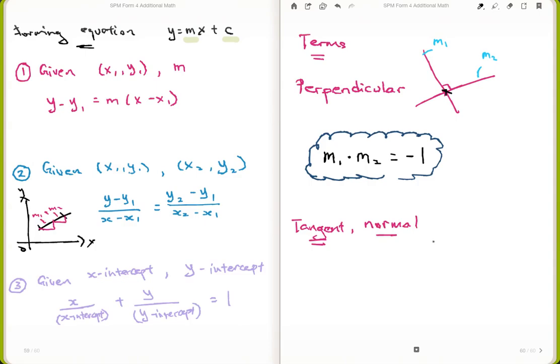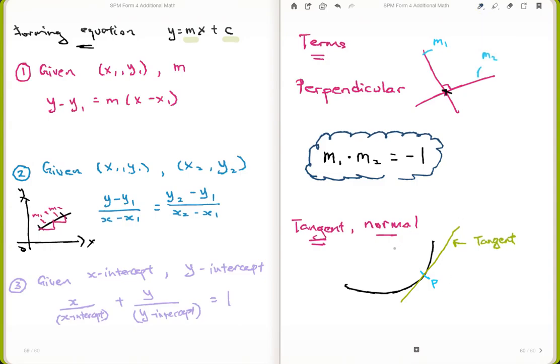For any curve, I'm just starting with a curve. Any curve that you have, if it were to be tangent, normally at a point P, if a line is tangent to a curve, it means it touches at a point here only, at just one point. This is a tangent. Whereas normal would be 90 degrees to the tangent line.